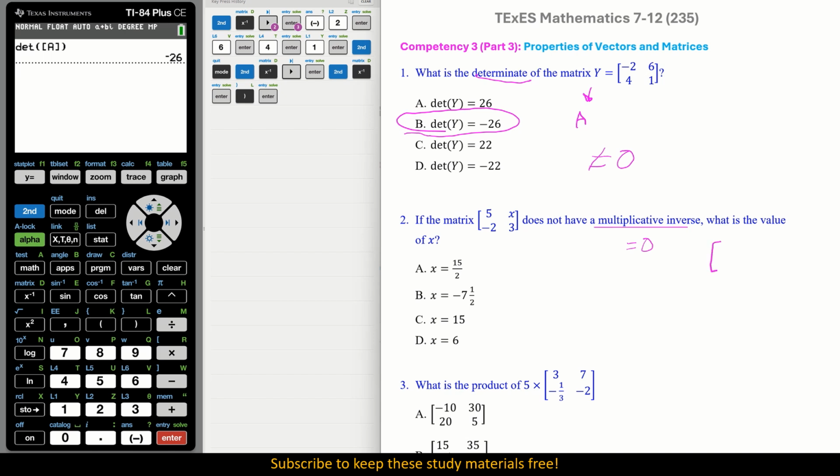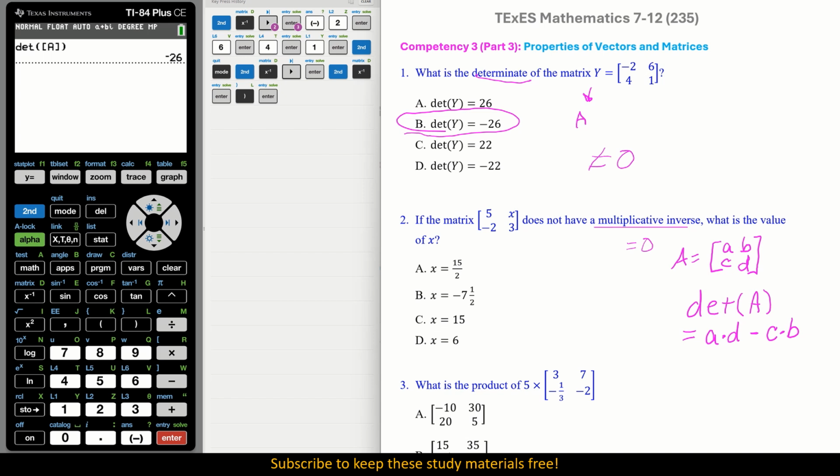Now, take in mind that I want to do generalities here. So this is A, B, C, and D. Okay? So we know that the determinant of our A equals A times D minus C times B. Okay?